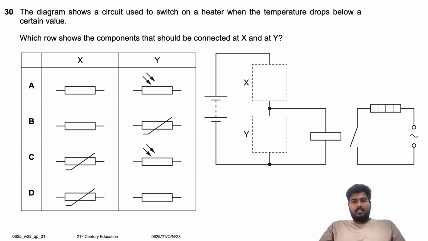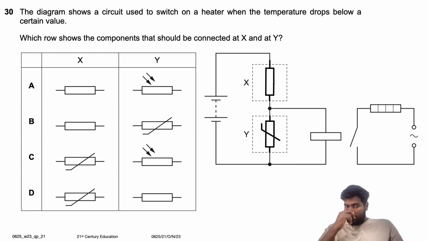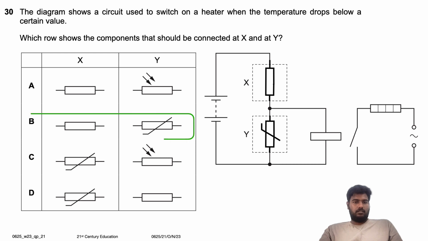Thermistor's resistance will increase if the temperature decreases, because in our syllabus we have only NTC, negative temperature coefficient. So we should put the thermistor at Y and a constant resistor at X. In this manner, if the temperature decreases, the Y resistance will increase, so the voltage across it will increase, so that the heater will turn on. B is the right answer.